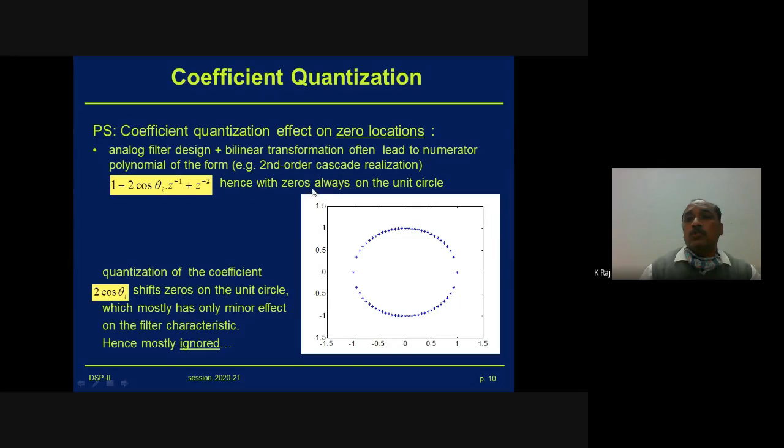Hence the zeros will always be on the unit circle. The quantization of the coefficient 2 cos theta i shifts zeros on the unit circle, which mostly has only a minor effect on the filter characteristics. Hence, we can ignore this type of quantization error or effect.